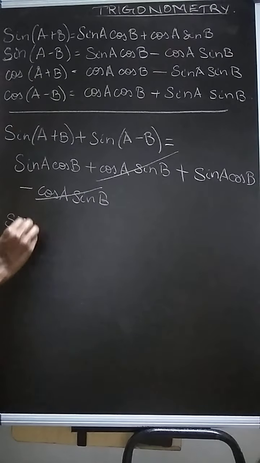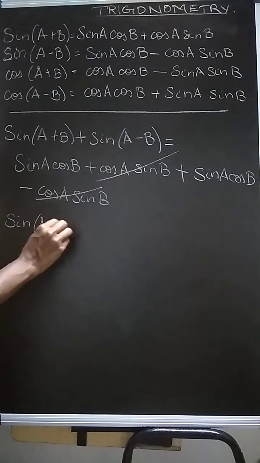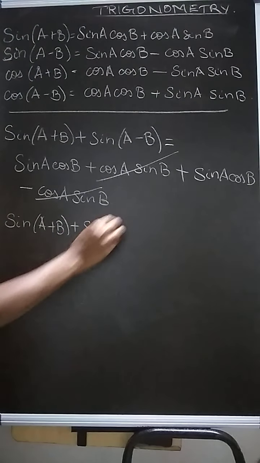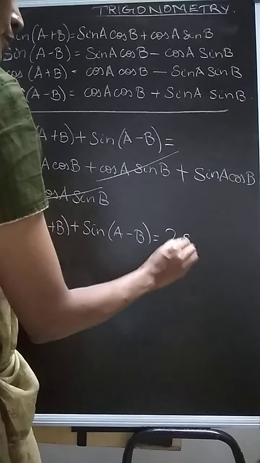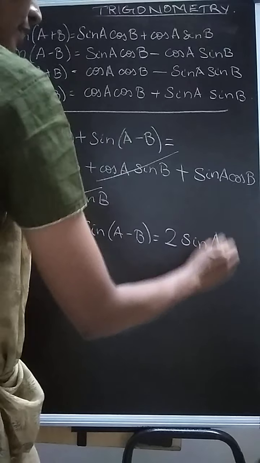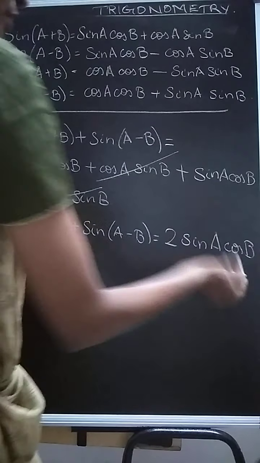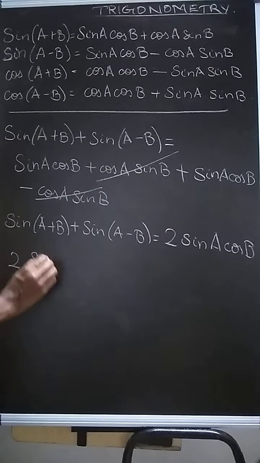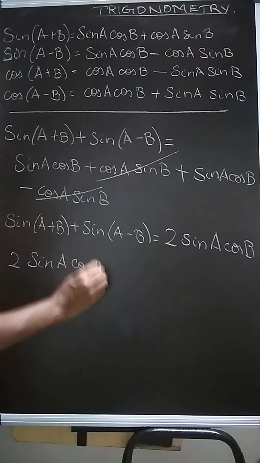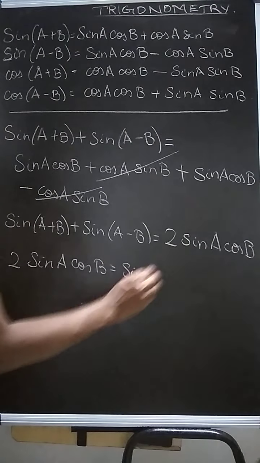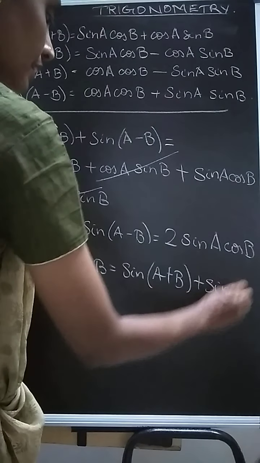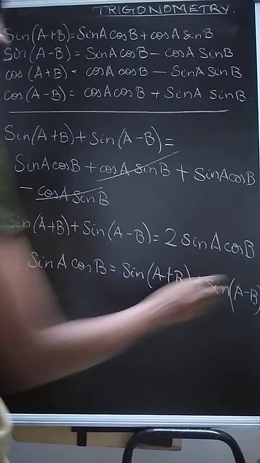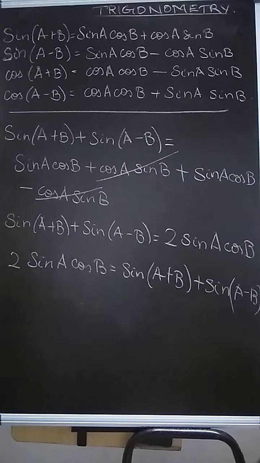So you will get sin(A+B) + sin(A-B) = 2 sin A cos B. Or you can write it like this, 2 sin A cos B = sin(A+B) + sin(A-B). Now this is your fifth formula.